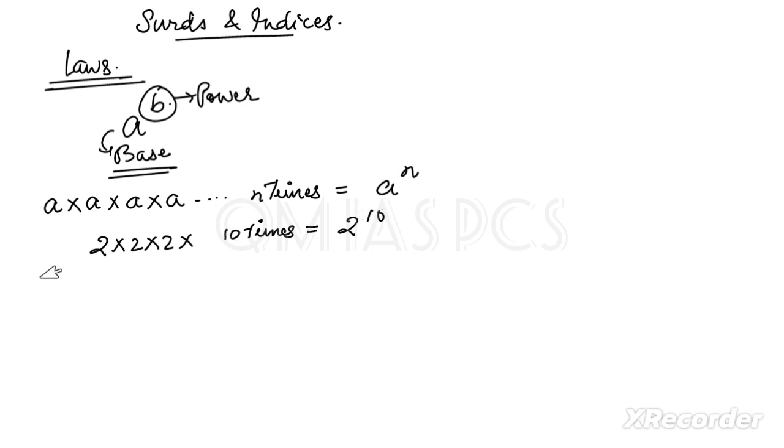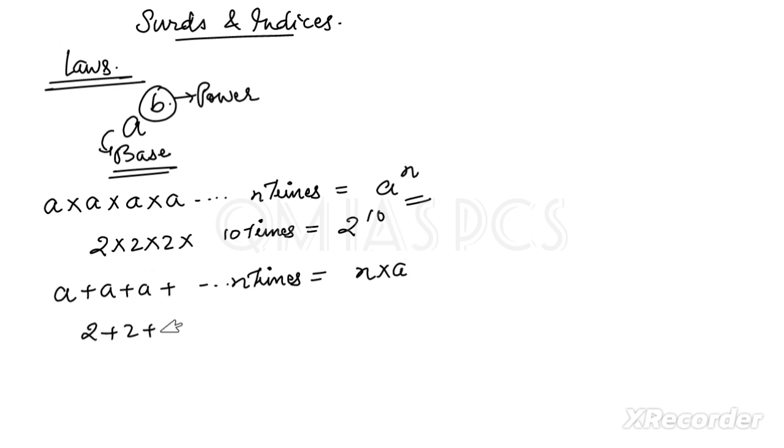But one more thing: if you are adding a, n times, what will be your value? It will not be this one, it will be n times a. For example, the same example, 2 plus 2 plus 2 like this ten times. Simple, it will be 10 multiplied by 2, that will be 20.